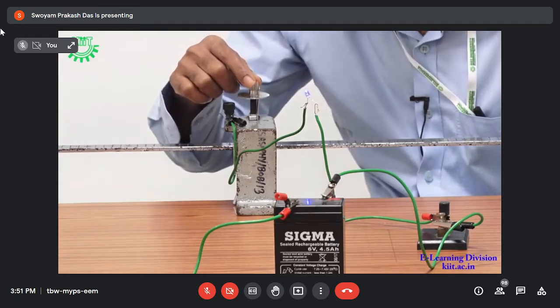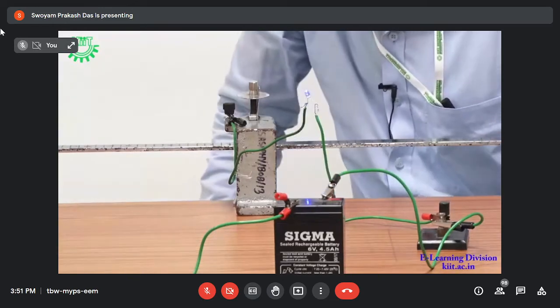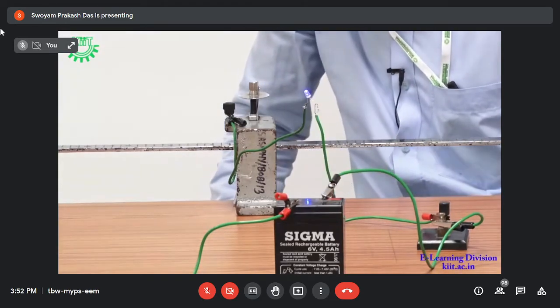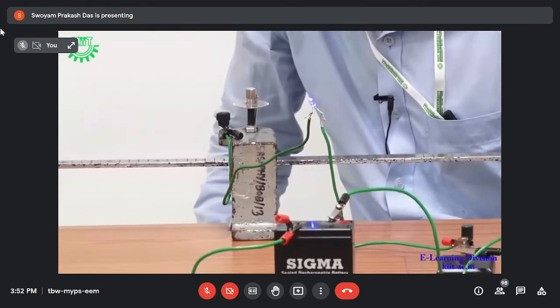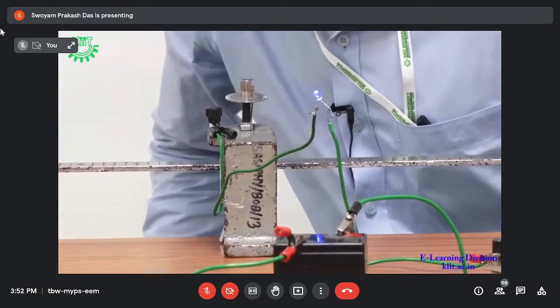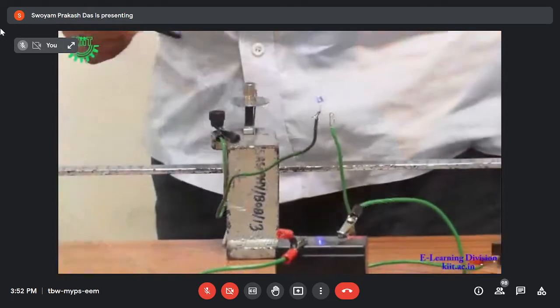Now it starts blinking. Now the bulb glows and 25 has not crossed. Now the reading is exactly in between 30 and 31, so 31 is just coinciding with the edge of the linear scale.